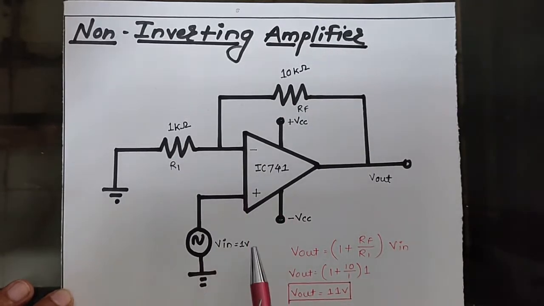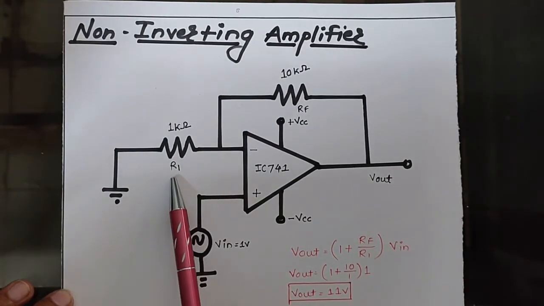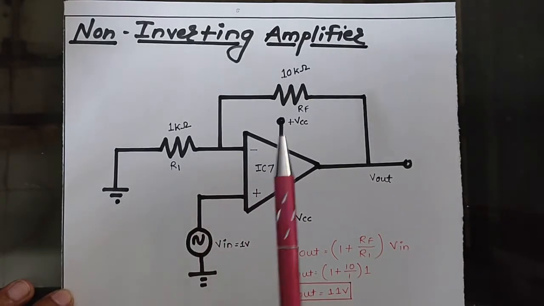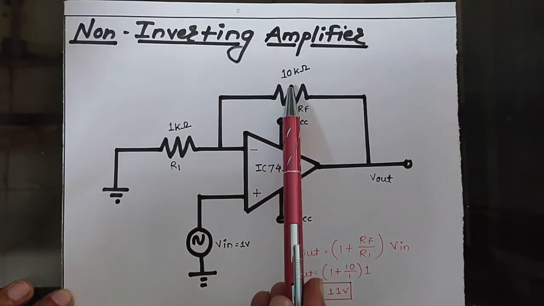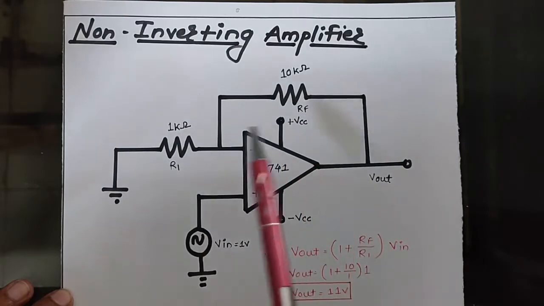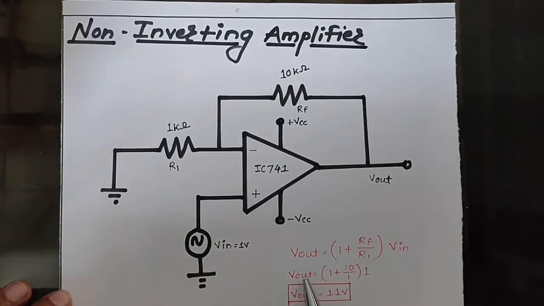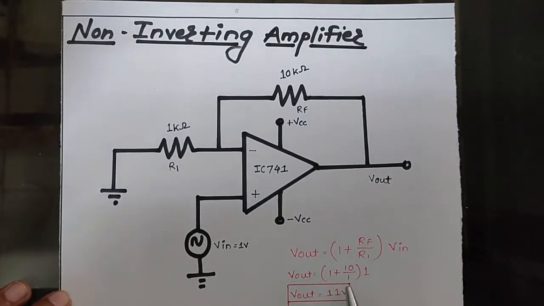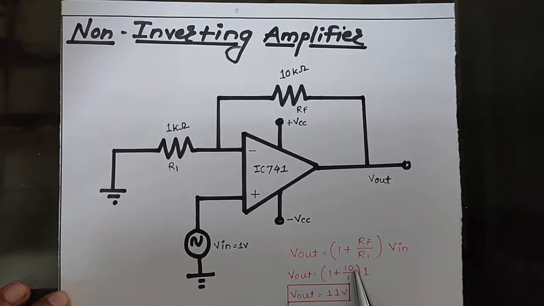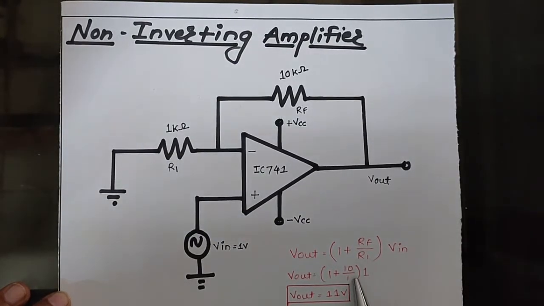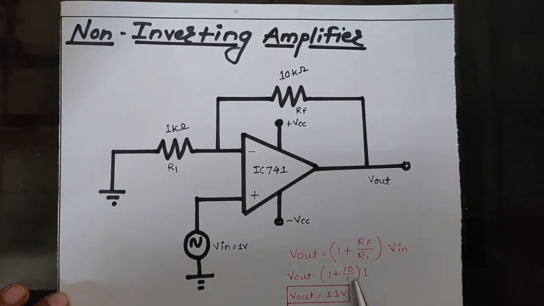As per this circuit, V in equals 1 volt, the input resistor equals 1 kilo ohm and the feedback resistor equals 10 kilo ohm. Putting these values in the formula, V out equals 1 plus 10 by 1 into 1, where 10 is the feedback resistor, 10 kilo ohm, and 1 kilo ohm is your input resistor.